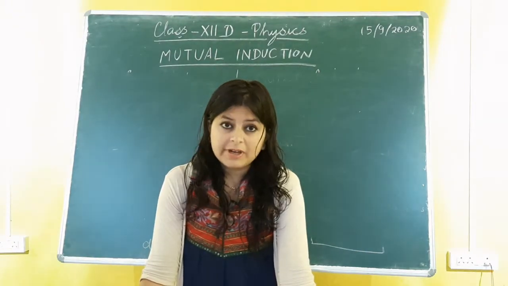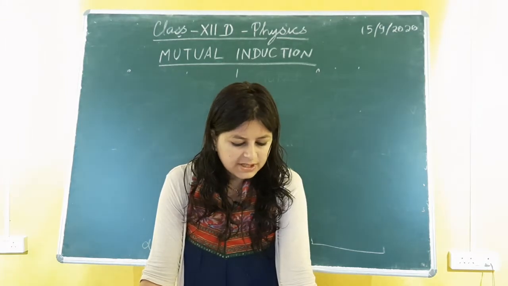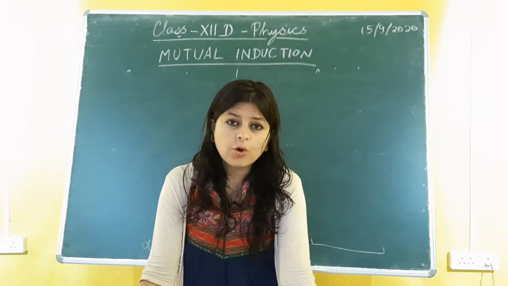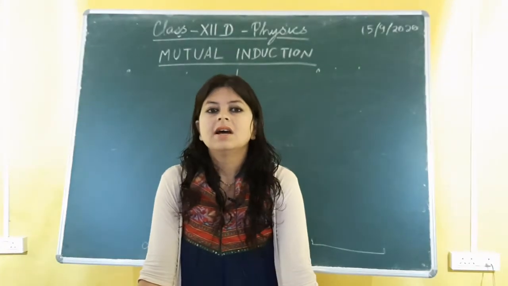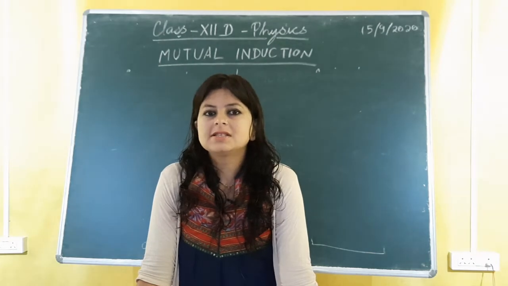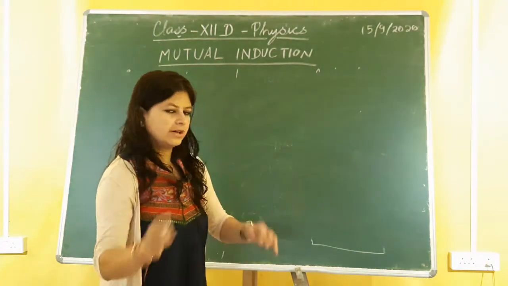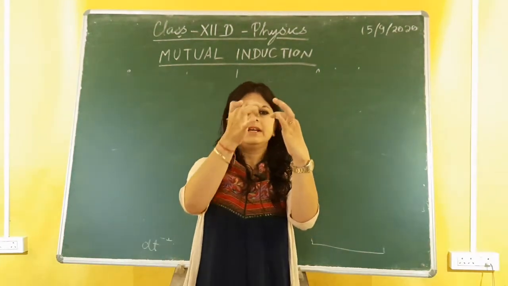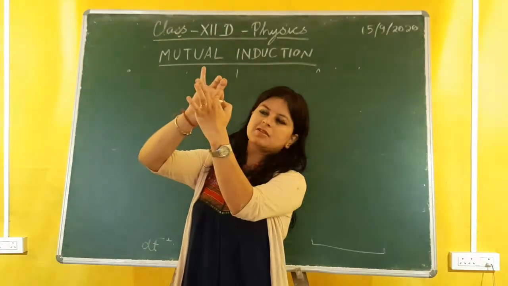Now we will come to a very important derivation. The derivation will be dealing with the mutual inductance of two long coaxial solenoids. Now you are familiar with the term solenoids. What is coaxial? Coaxial means the two solenoids having the same axis. I have got one solenoid, this chalk, its axis passes from the center. On top of it, I will put a bigger solenoid.